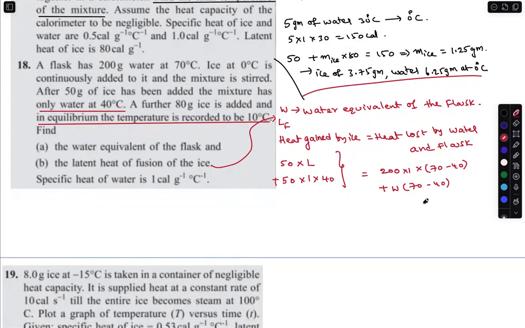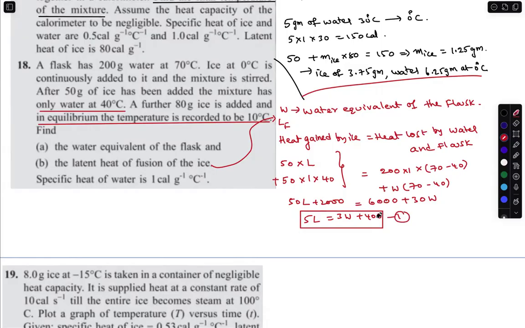You have 50L plus 2000 is equal to 6000 plus 30W. So finally, you will have 5L is 3W plus 400. Let this be equation 1.